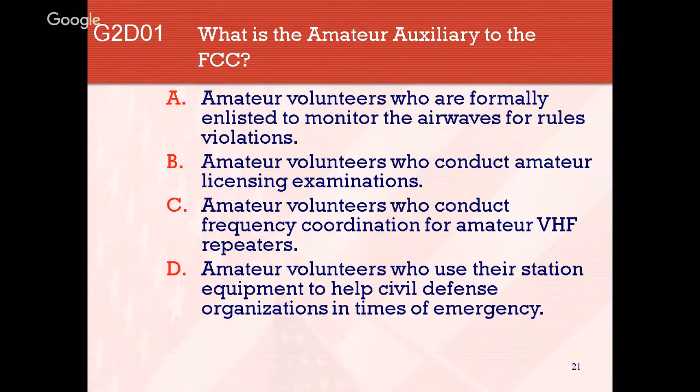And while they may have their station for civil defense, it's not their primary purpose. The correct answer here is A. They are used to monitor the airwaves for rule violations. And again, if there's a problem in your signal, they might drop you a little note that says, "Hey, you got a hum on your signal," or there's an oscillation or something.